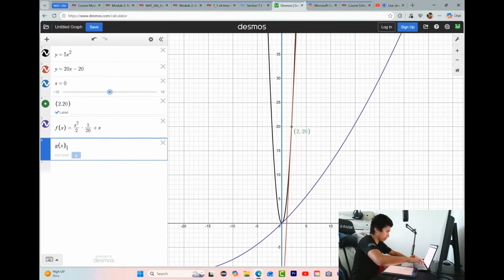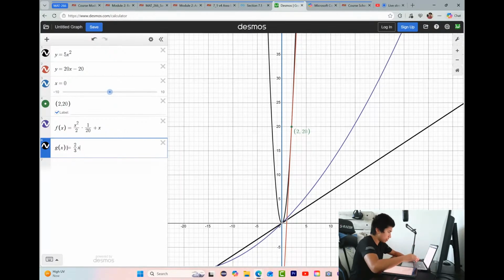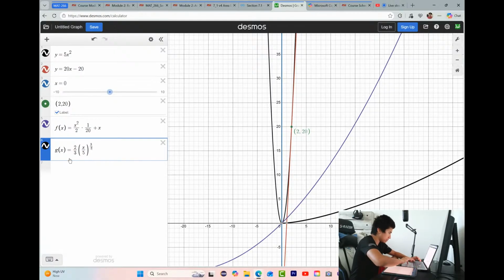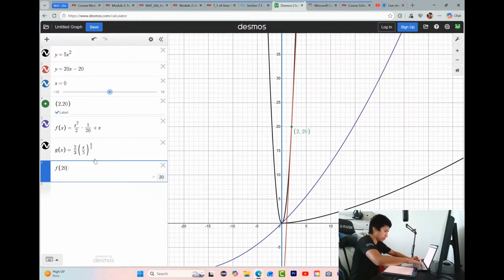And let's say g of x equals 2/3 times x over 5 to the power of 3/2. All right, f of 20 minus f of 0.